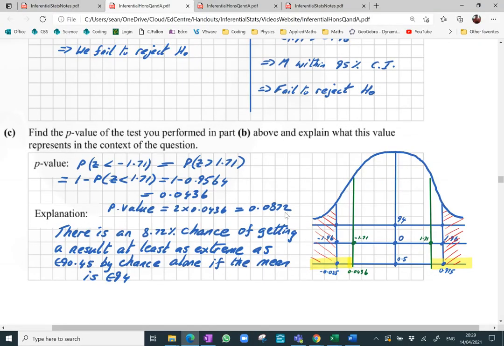And the 0.0872 then is clearly within the safe area as opposed to in the danger area, which is red. If you're in the danger area, of course, it's 5% altogether because there's 2.5% on this side, 2.5% on that side. So that's a total of 5%. It's called the 5% level of significance, or the 0.05 as a decimal level of significance, as it's called. And you want to avoid that. So the key thing in these questions is to get a p-value that is above 0.05, which means in effect that you're within the two limits.